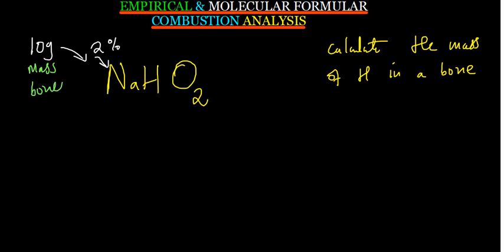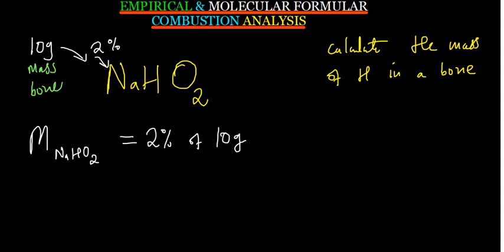The mass of this compound, NaHO2, is going to be 2% of a bone, which is 2% of 10, because we know that 2% of a bone is actually this compound.